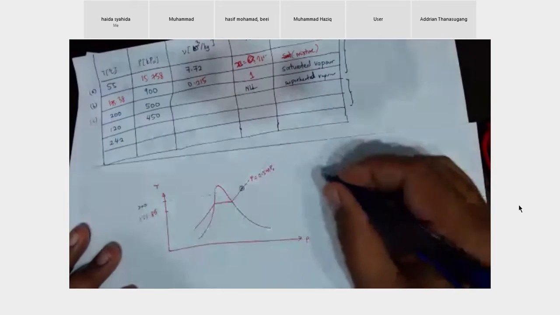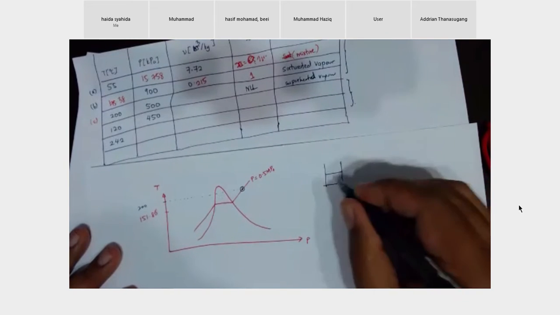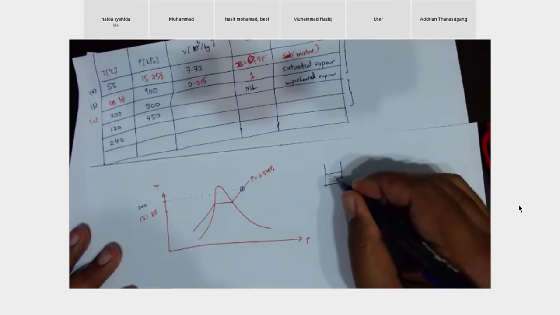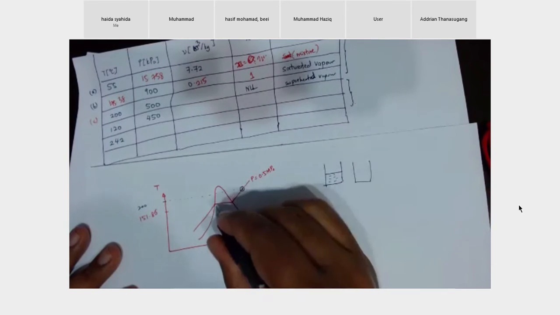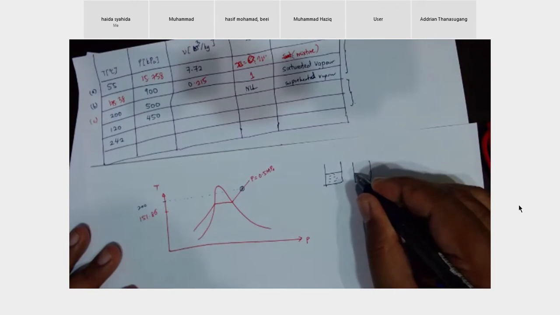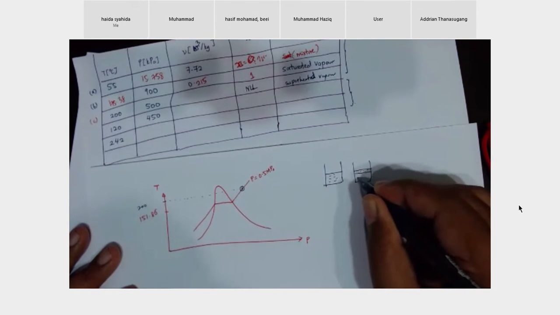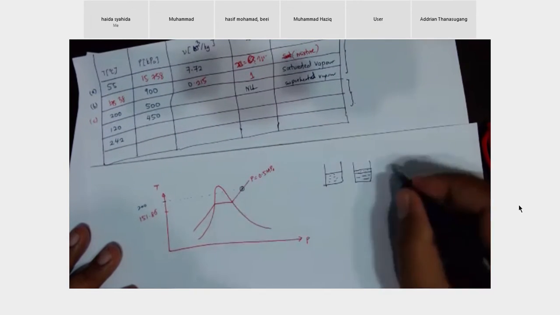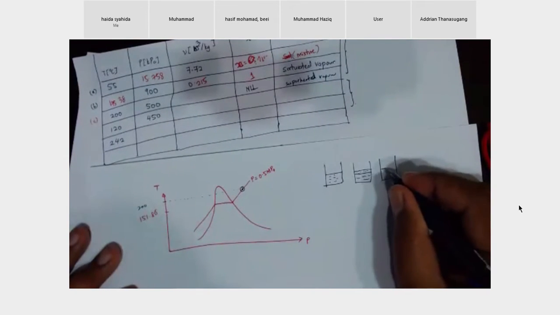Kan? Sebab apa? Sebab bila ada uap tepu, so first dekat area sini, these are the water, the liquid water. But when enter this region, okay, region ni kat sini. So, region ni, dia akan jadi, sini vapor, sini liquid. So, kalau kat tengah-tengah ni, daripada daya asal this kind of thing, so dia separate into two.